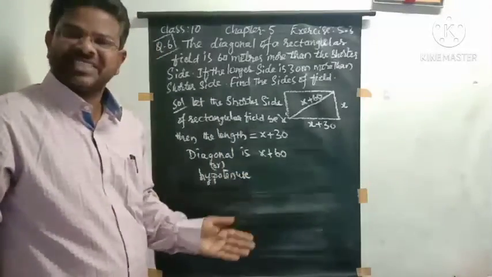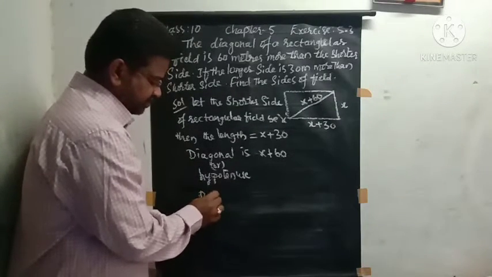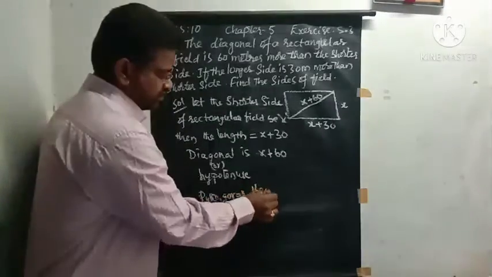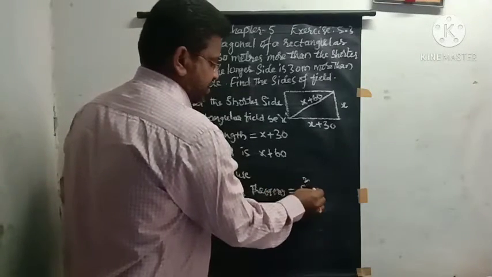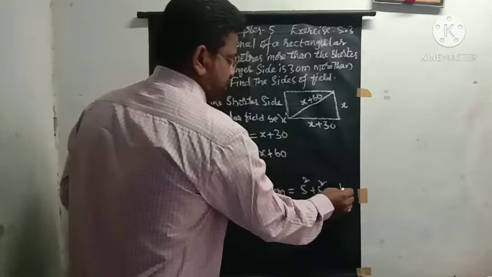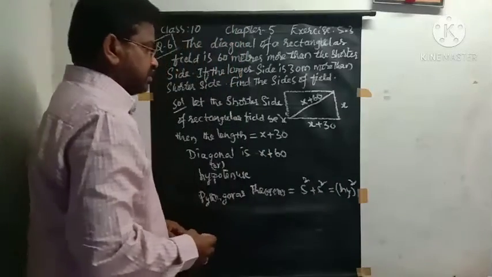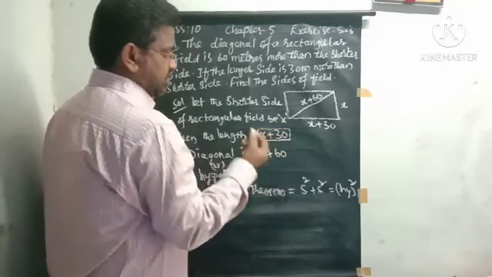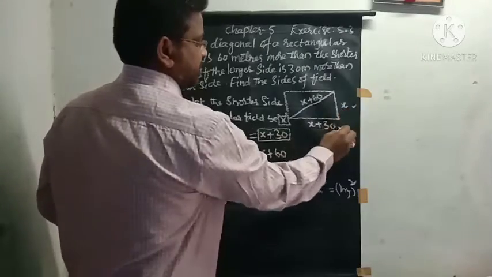So by Pythagoras theorem, what is the Pythagoras theorem? Side square plus side square is equal to hypotenuse square. Right? What is the side? This is one side and this is one side.